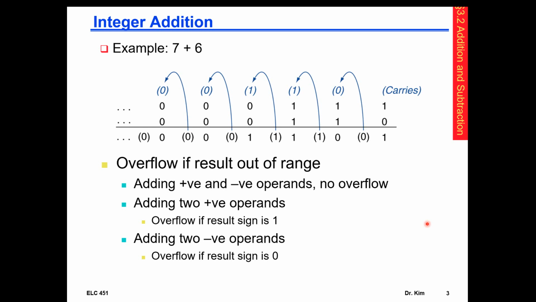And we know that because the sign bit for an overflow when we add two positive numbers is 1. So clearly, if we are adding two positive numbers, the result cannot be negative, which is what a 1 in the sign bit implies. And if we are adding two negative numbers, and we have an overflow, the sign bit is going to be 0, which implies a positive number. And of course, if we add two negative numbers, the result cannot be positive.